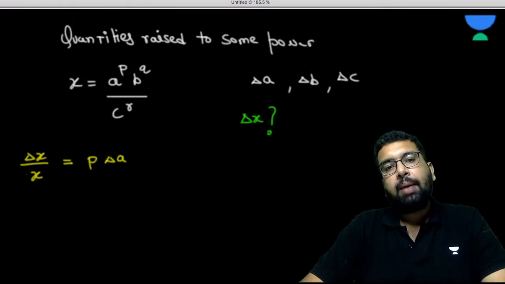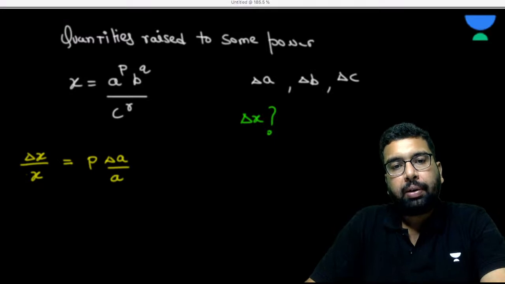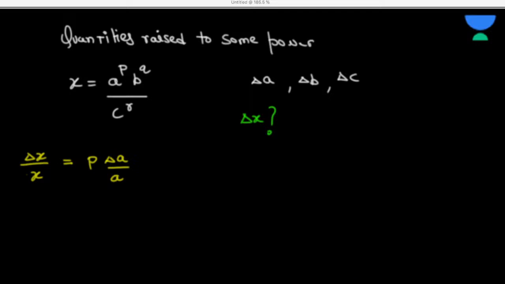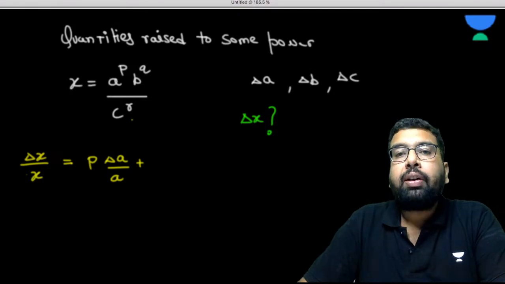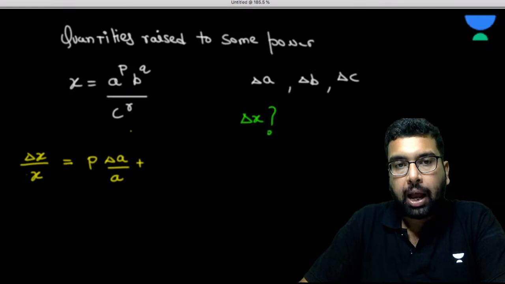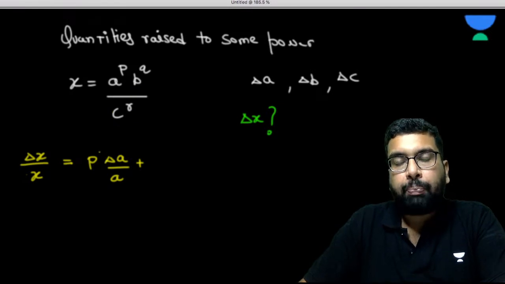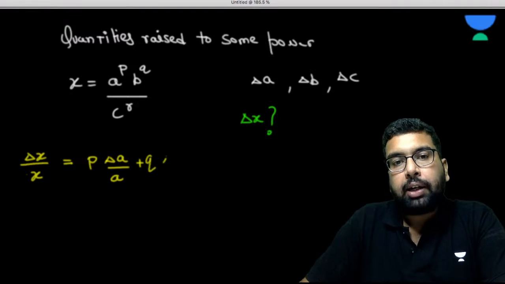So we can write p delta a by a, and then, since x is a to the power p, b to the power q, c to the power r, we can write p delta a by a, then q delta b by b plus r delta c by c, right?